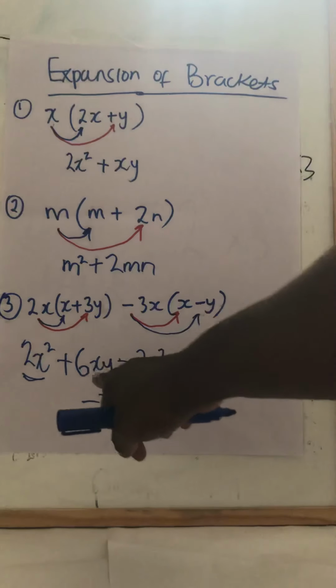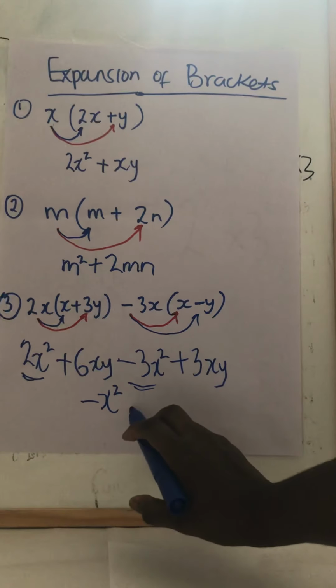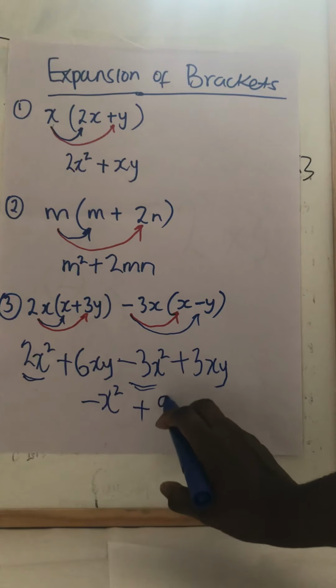Then I have plus 6xy plus 3xy, and that will give me plus 9xy.